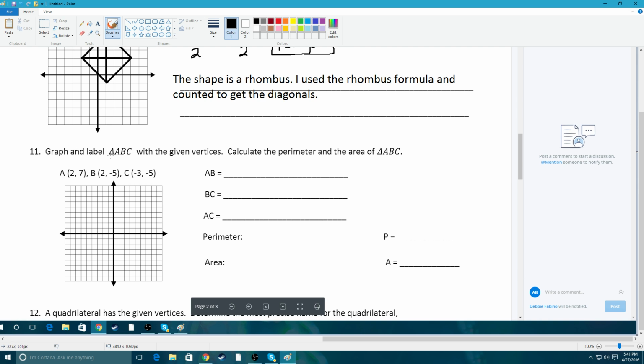Okay, graph and label ABC. So A is 2, 7. So 2, 1, 2, 3, 4, 5, 6, 7. Right up here. This will be A. 2, negative 5. 1, 2, 3, 4, 5. B. And C is at negative 3, negative 5.